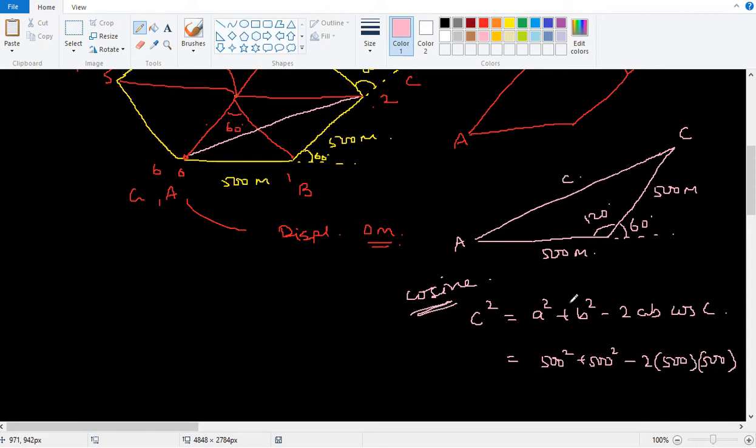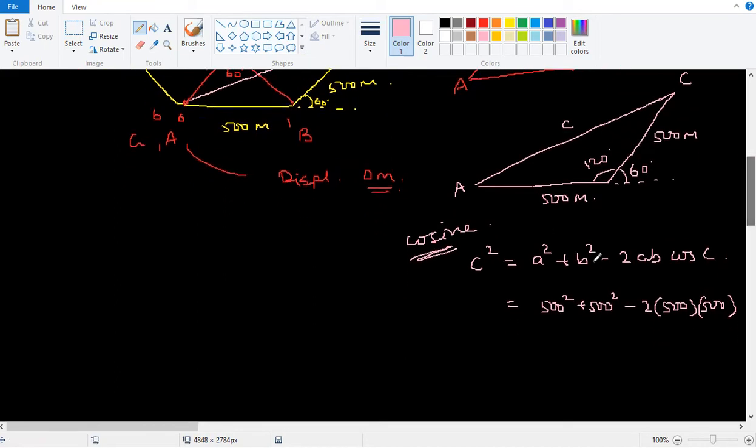You following what I'm saying or not? Yes, sir. So cos C will be this angle, cos 120. So go back and study, if you're not following this, you have to go back and study cosine law, which I already gave. So if I want c, I have to take the square root here. So do the math and you'll get the answer.